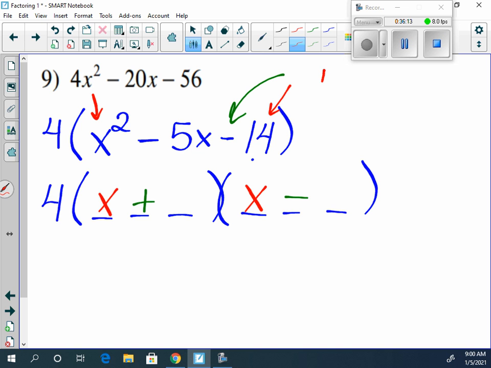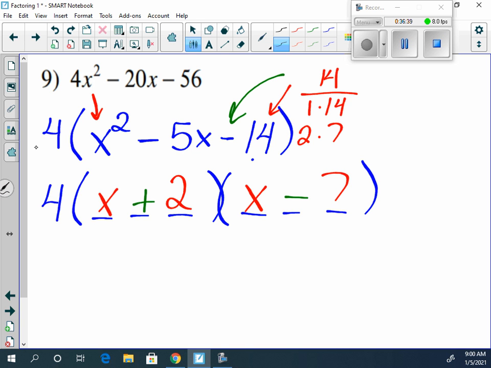Now, the factors of 14: we have 1 and 14 and 2 and 7. And that works out to be the only sets of factors. Now, which set of factors do we want to try first? 2 and 7. Which one do we want to make positive, 7 or 2? Make the 2 positive.